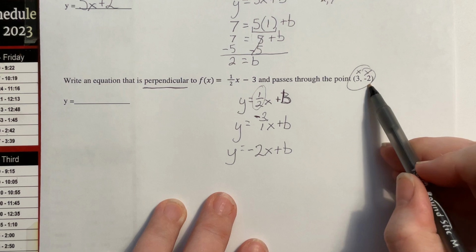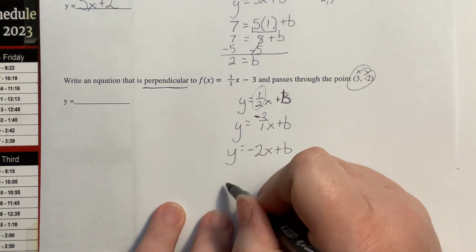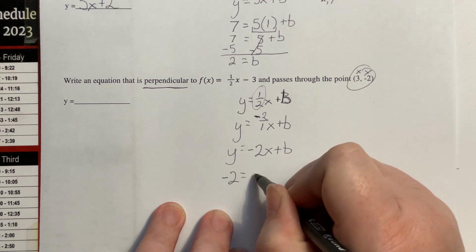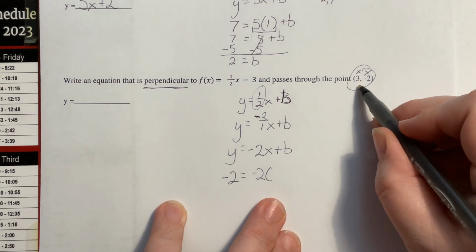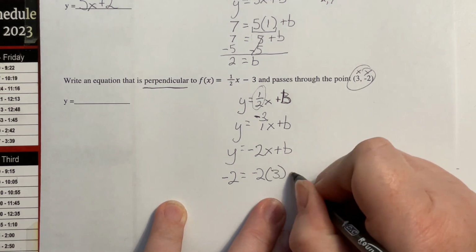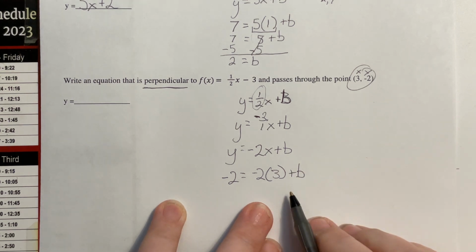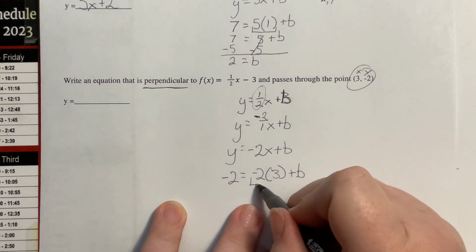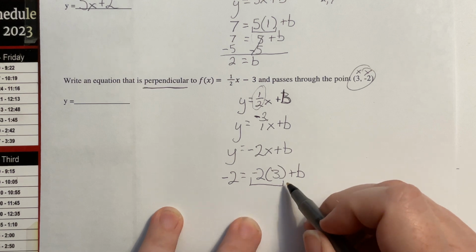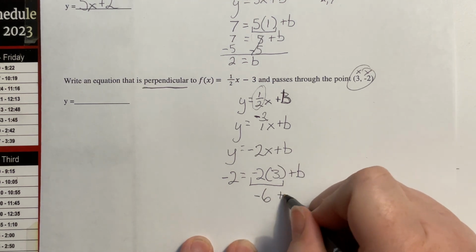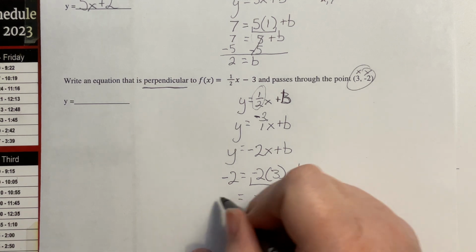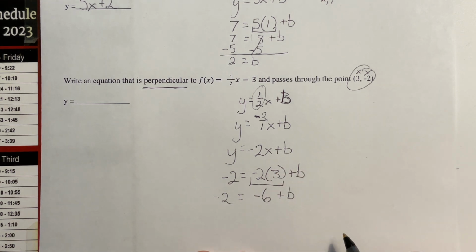My y is -2. -2 equals -2 times x. X is 3 plus b. Okay, PEMDAS, what is -2 times 3? -6 plus b equals -2.